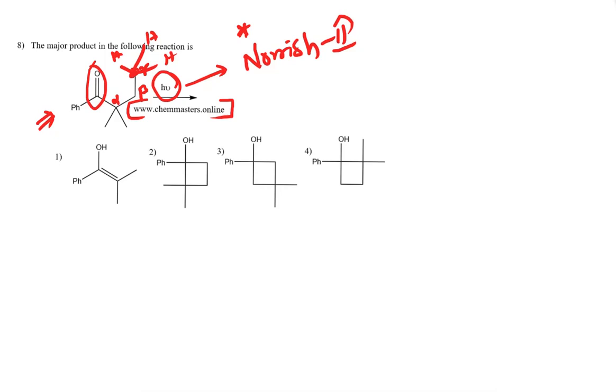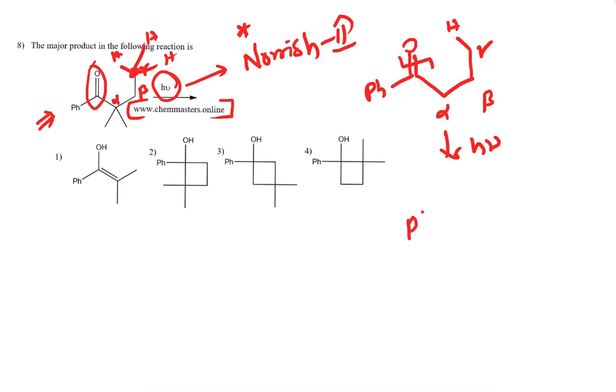Now let's check the general Norrish type 2 reaction, with alpha, beta and gamma. Here we are representing one hydrogen. Under photochemical conditions, the carbonyl group is excited and produces an oxygen radical and a carbon radical. In the next step, the gamma hydrogen cleaves as a radical and is abstracted by this oxygen radical.